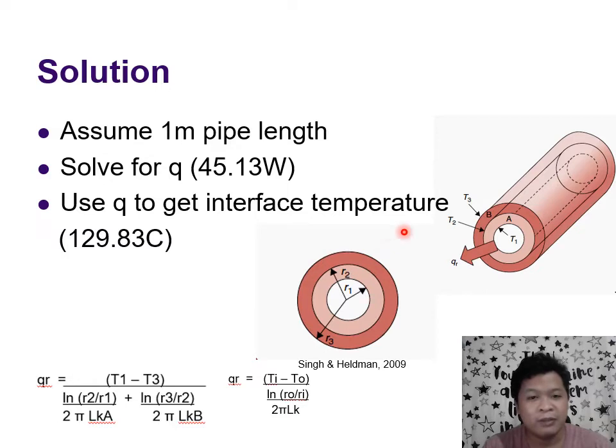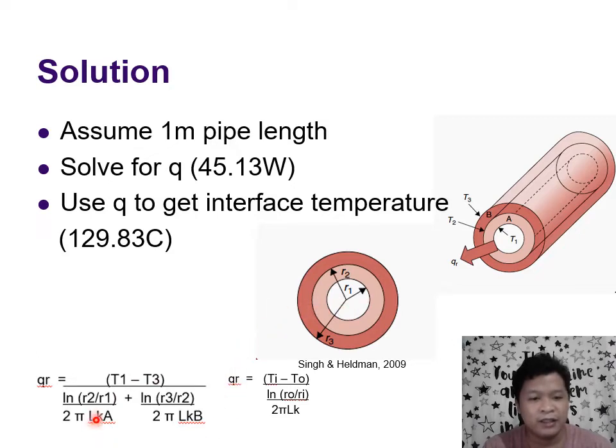So the way we go about it is we solve for Q using this equation. You have the 130 degrees Celsius minus 25 degrees Celsius here. T1 is the inner, mas mainit yung inner. Radius 2, radius 1, and radius 3, radius 2, which works out to be 4, 6, and 10 centimeters respectively.